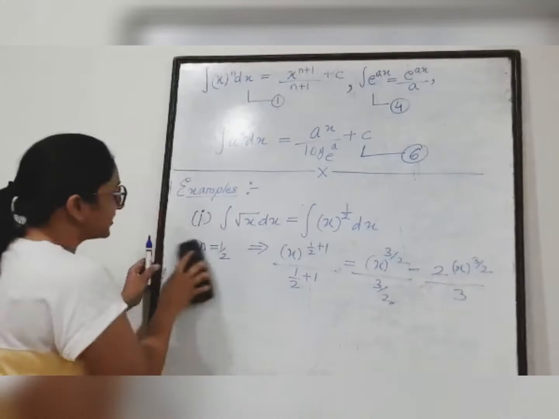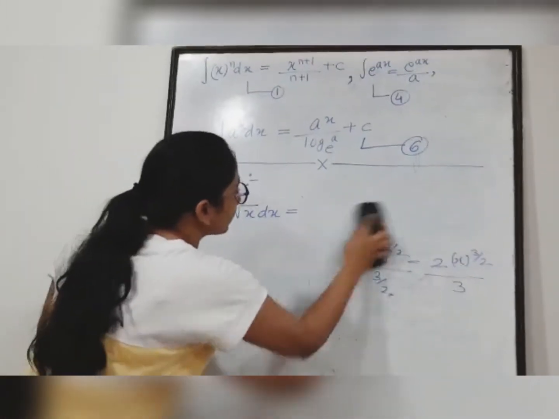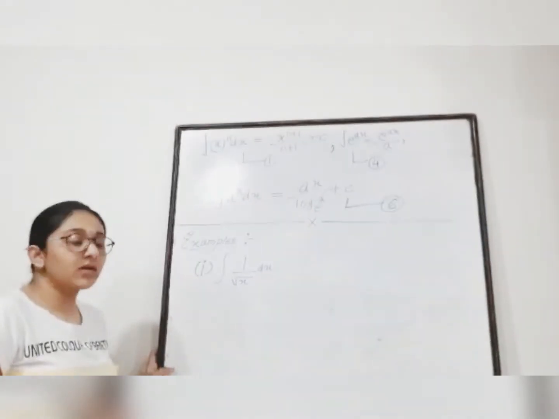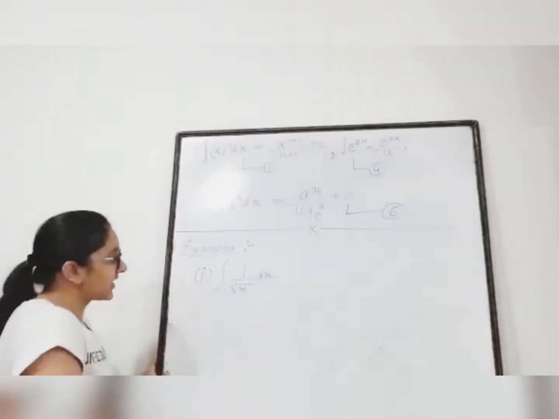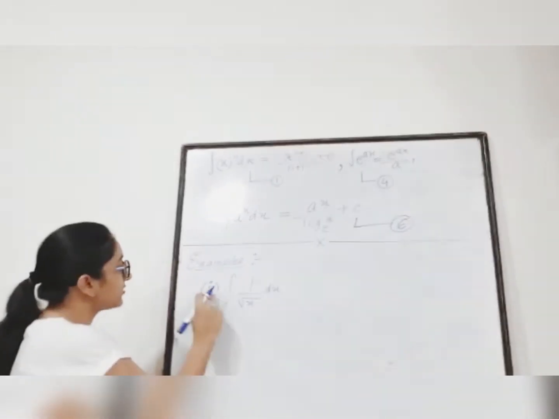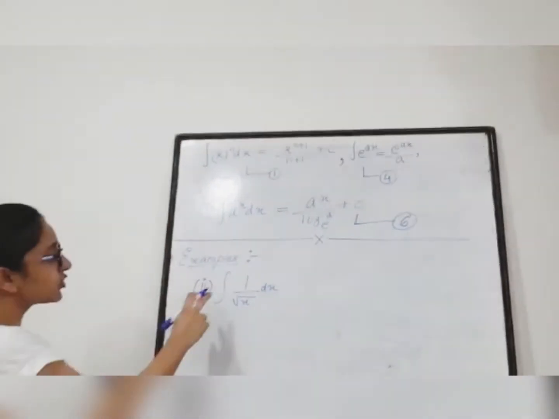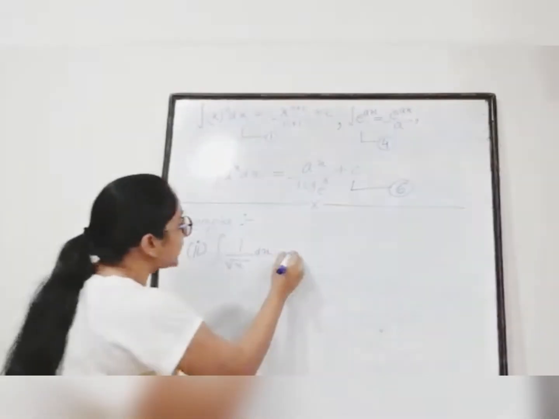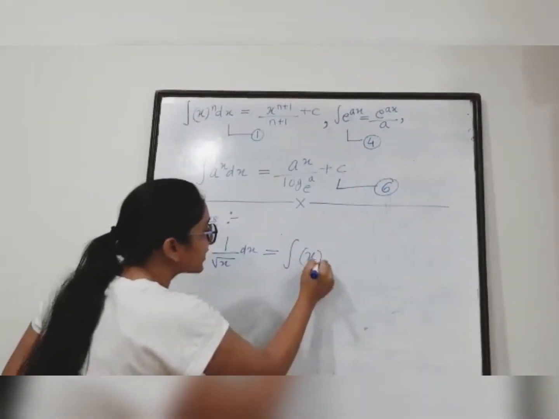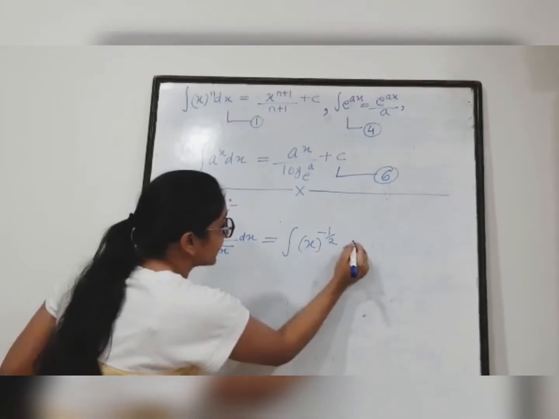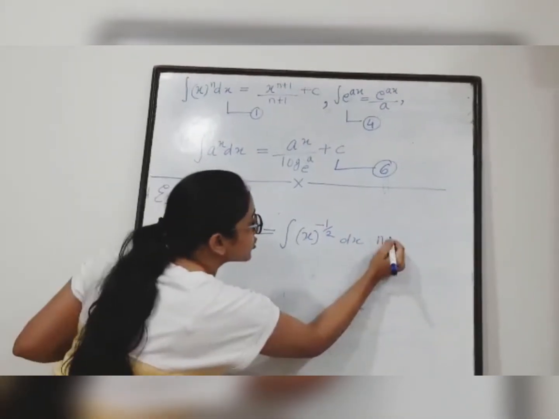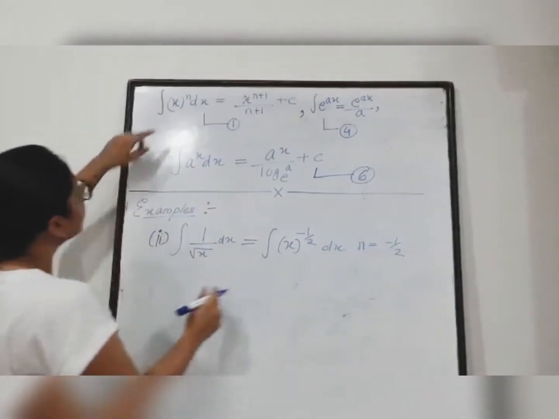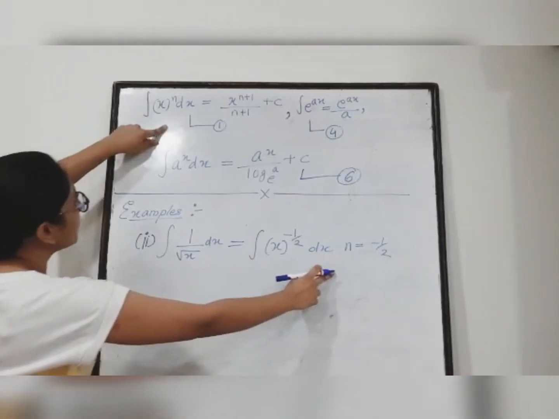Now let's look at the second problem, which is integration of 1 by root x dx. It can also be written as integration of x to the power minus half dx, where now n equals minus half. Put this n in the first basic formula.